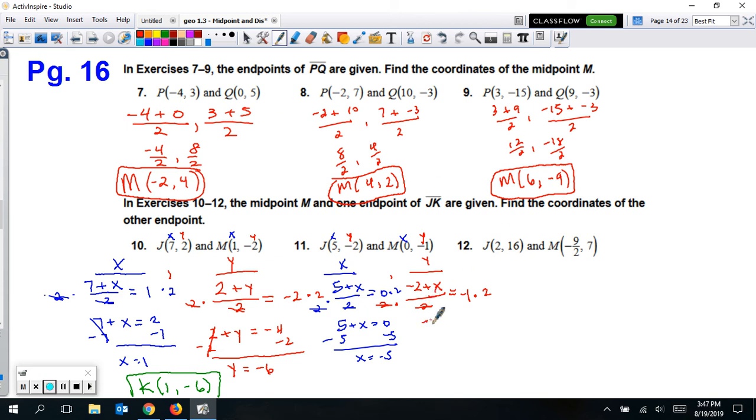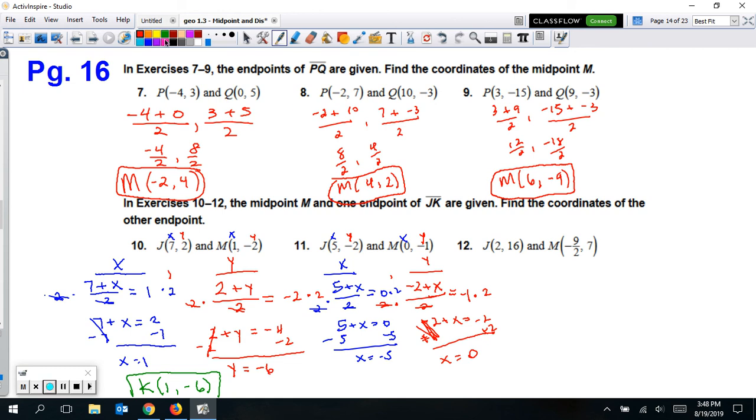So we're going to get a negative 2 plus x, and it's equal to negative 2 on the side. So when I add 2 to both sides to solve for the x, negative 2 and plus 2 cancel out. We're going to see x is equal to negative 2 plus 2, which also cancels out and makes 0. And again, look what I did there.